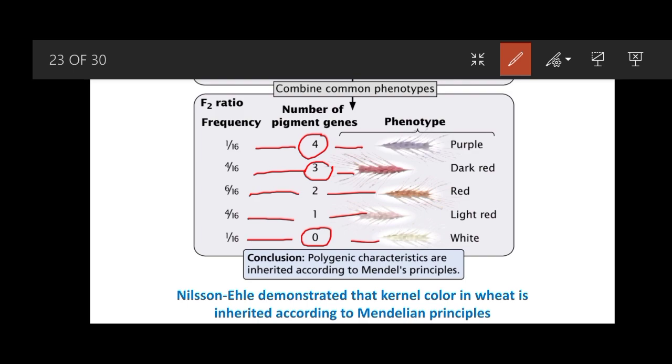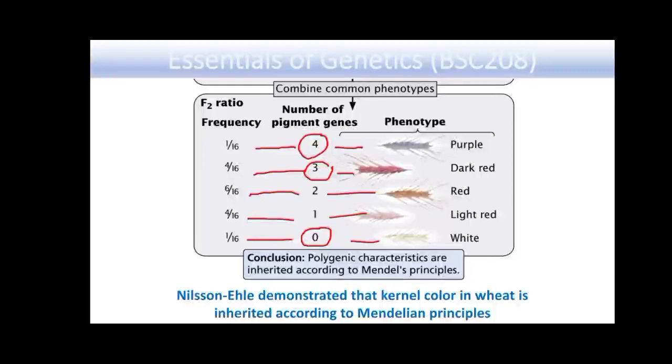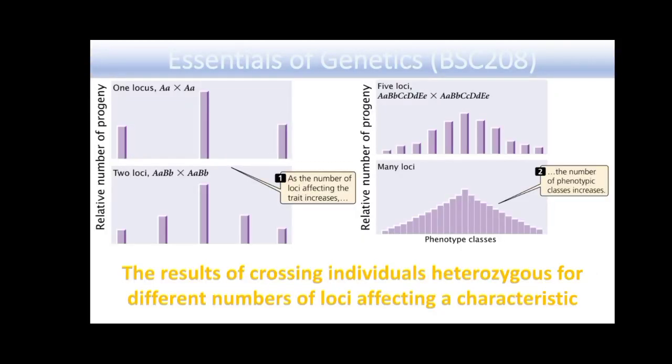So this experiment by Nelson is demonstrating that the kernel color in wheat is inherited according to the Mendelian principle. But Nelson was very lucky in getting these results. From the results of Nelson, we can conclude that when the number of loci is increasing, the complexity is also increasing.